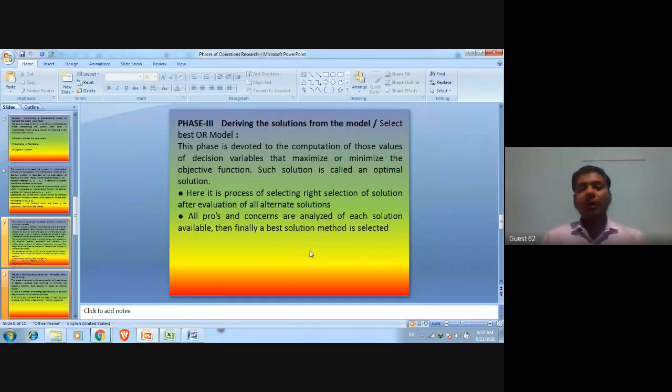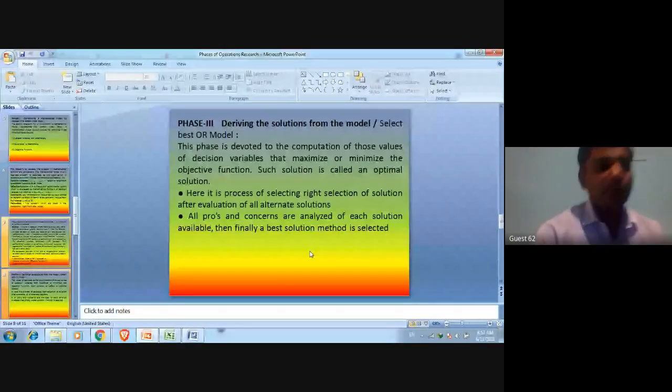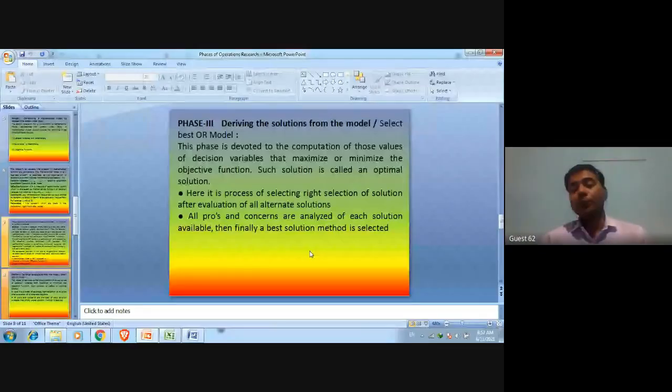Means you have to see which solution is useful and which is not, and which solution has more advantages or benefits. You also have to consider the limitations and the profits of each solution.